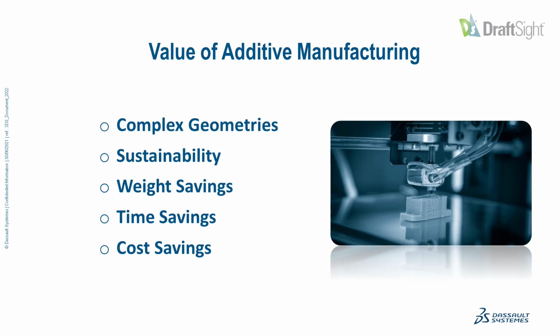Next is weight savings. This falls in line with sustainability, where a part can be designed with internal lattice structures to reduce the overall weight of the part while still maintaining the desired mechanical properties like stiffness. This can be seen in the aerospace and automotive sectors.